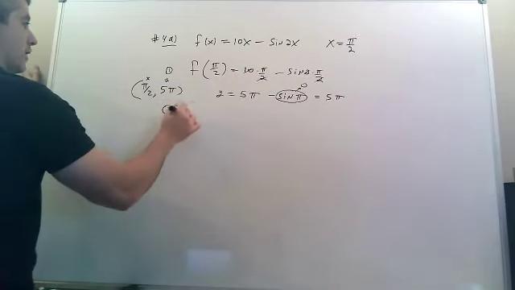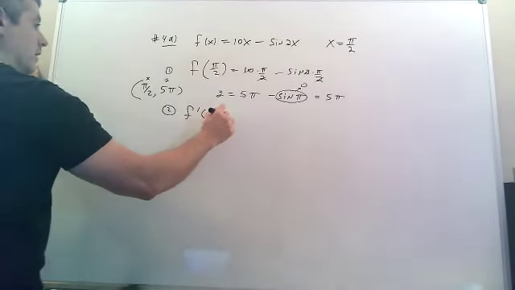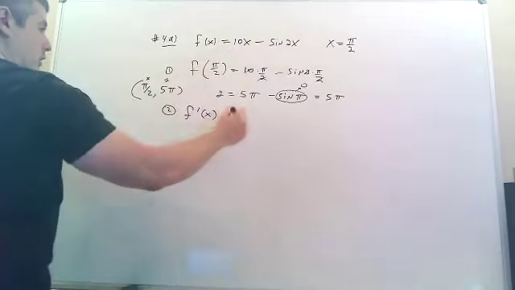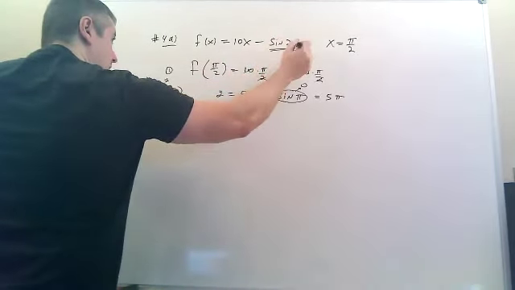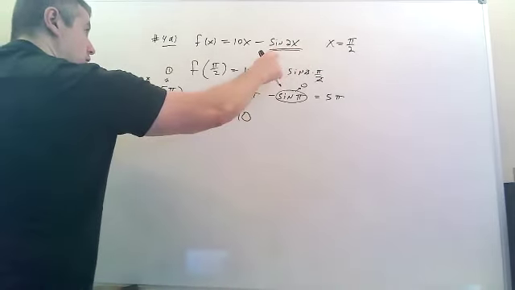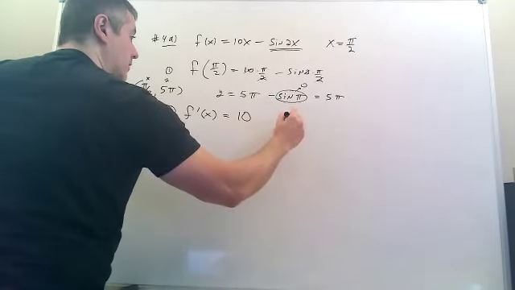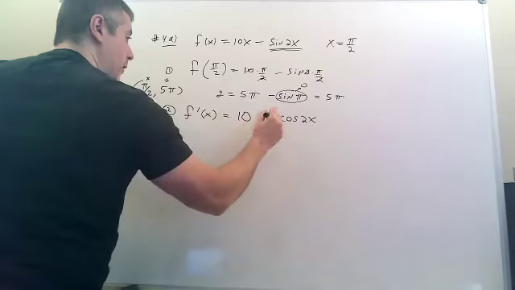Now I have to take my derivative. This is where people screw up, and you've got to be very careful. The derivative of 10x, nobody gets this wrong, it's 10. This is a chain rule. This is sine u, so it's going to be cosine u du. So the derivative of sine of 2x is cosine 2x. But then I have to take the derivative of 2x, which is 2, and I will put it in the front.